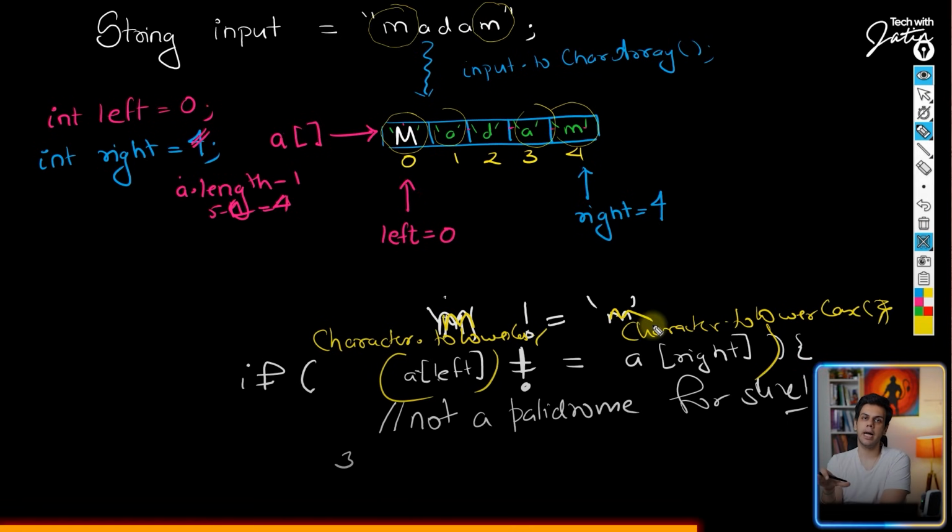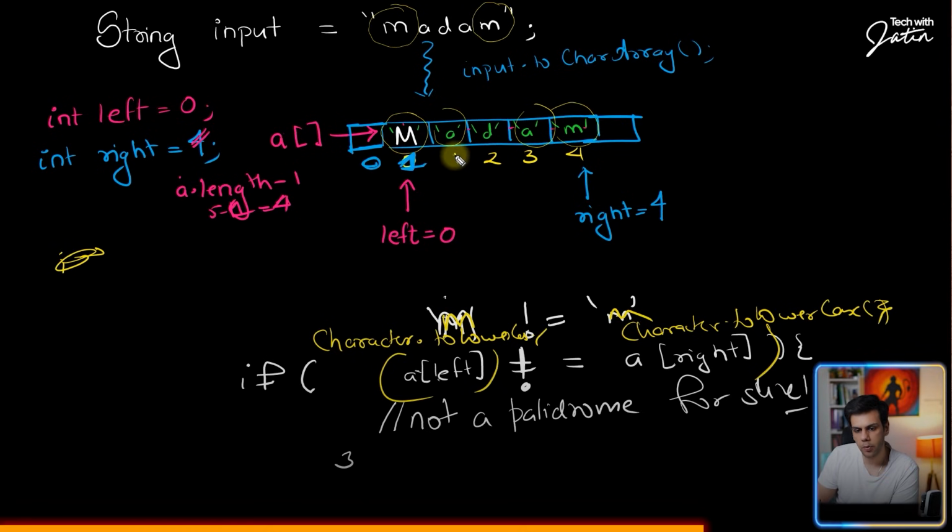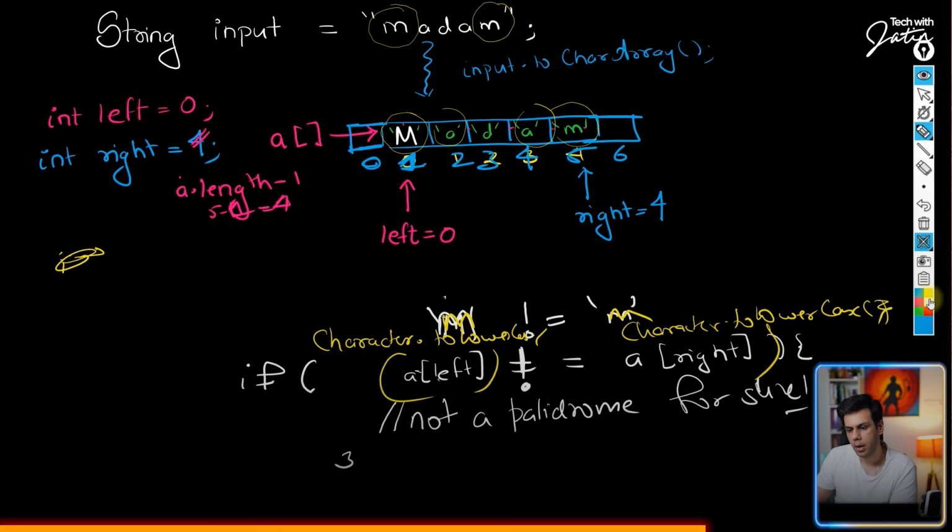Anything apart from that, we are supposed to ignore. So what I'm going to do is I'm going to have a check. Over here, let's assume we have an index over here as well as here. So this is 0, probably this is going to be 1, 2, 3, 4, 5 and 6. We have a space over here and we have an @ sign. Okay. So the right is going to be over here, left is going to be over here.